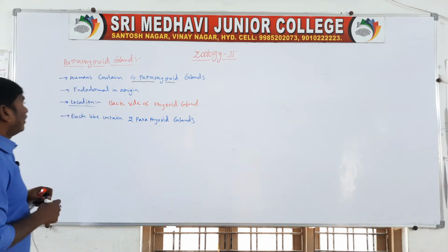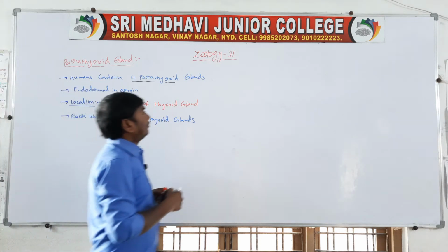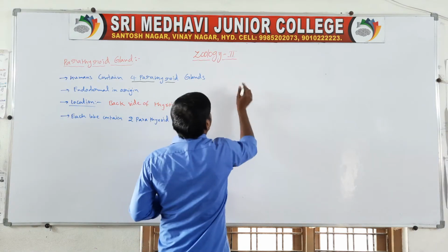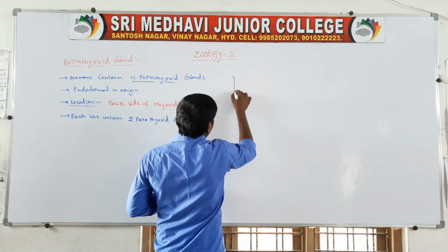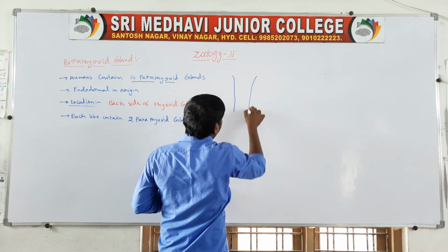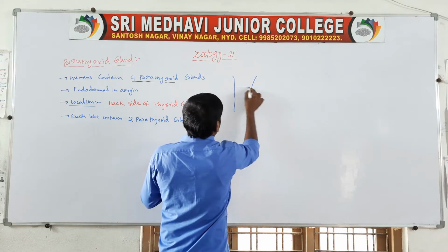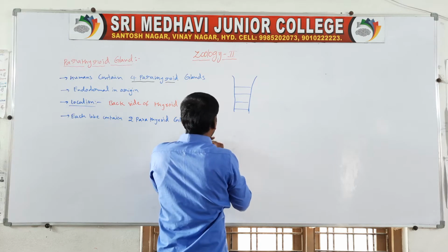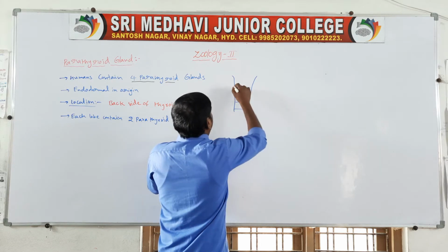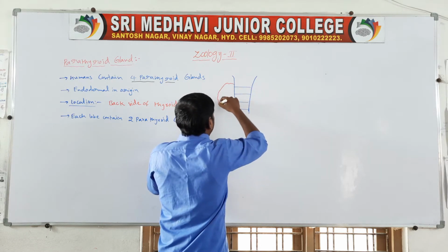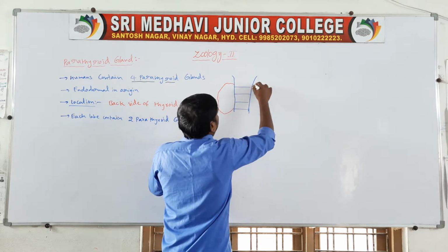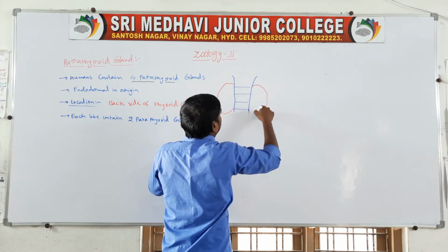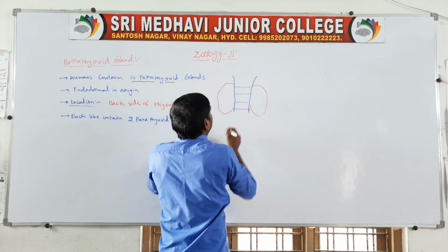Next, see the diagram. Here is the trachea, and here is the back side of the thyroid gland.